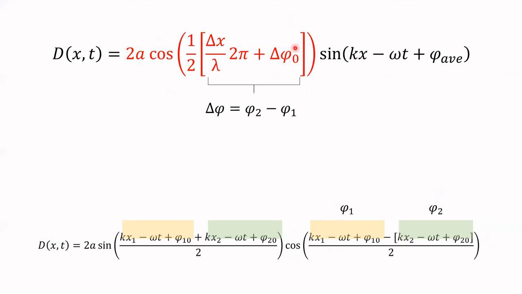Delta phi sub 0, that's the inherent phase difference. That tells you if they're wobbling out of sync in time. If they're going front to back together in time, then delta phi 0 is 0 radians, or 2 pi, or 4 pi. And this is the contribution from the path length difference.